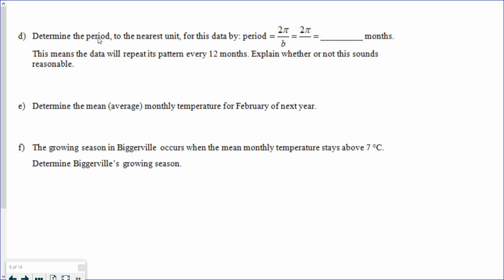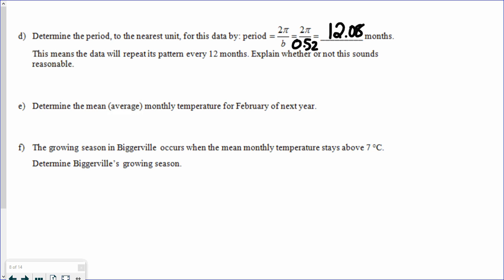So determine the period to the nearest unit for this data. Period is equal to 2 pi divided by b. Our b value comes from our equation, so I had 0.52 as our b value. So 2 pi divided by 0.52 gets 12.08 months.